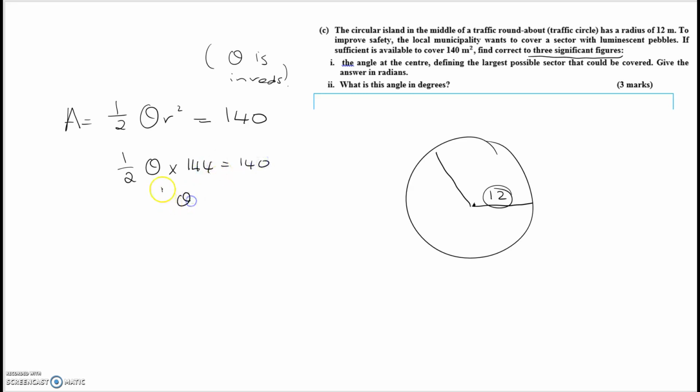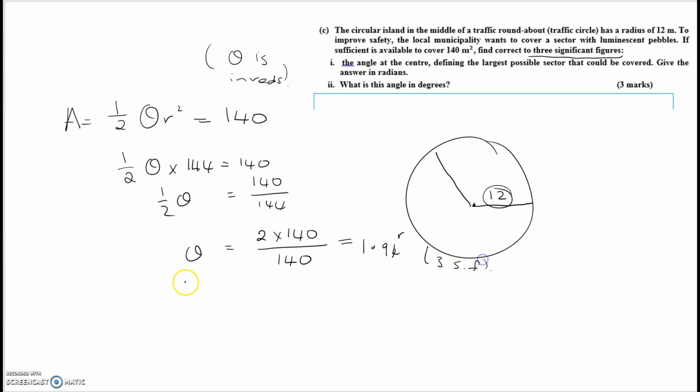So theta by 2 equals 140 over 144. Theta is going to be equal to twice that, which is 1.94 radians. Again, 3 significant figures.